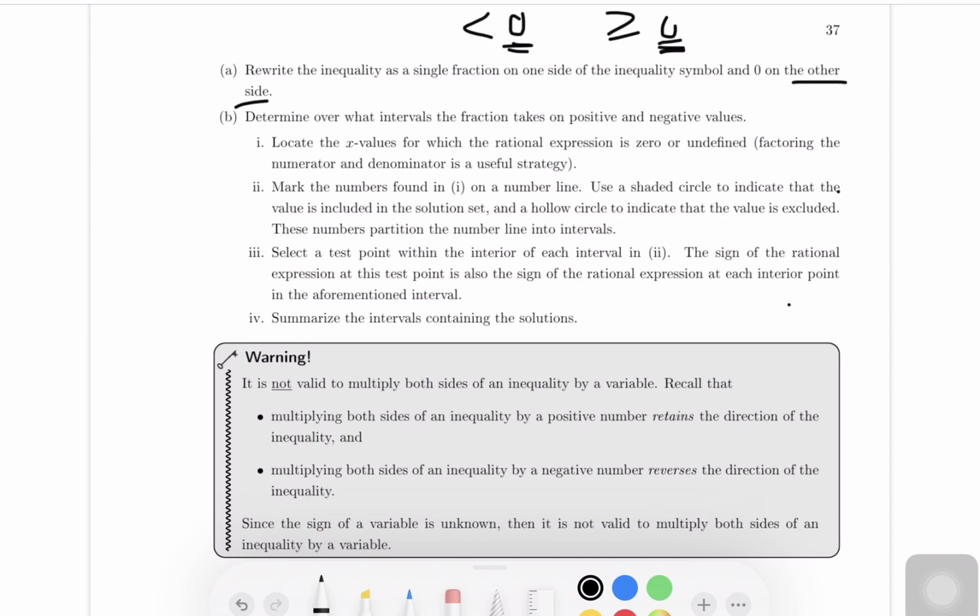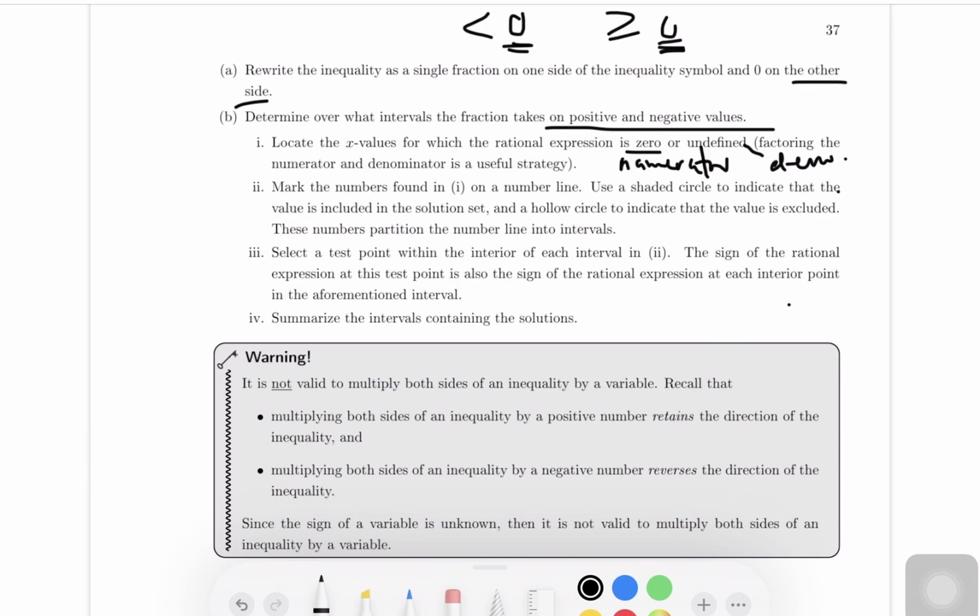Letter B, determine over which intervals the fraction takes on positive and negative values. We will learn that one later. Locate the x values for which the rational expression is 0, where our concern will be the numerator, or undefined, where our concern is the denominator.